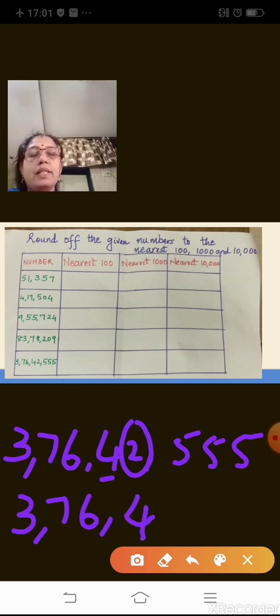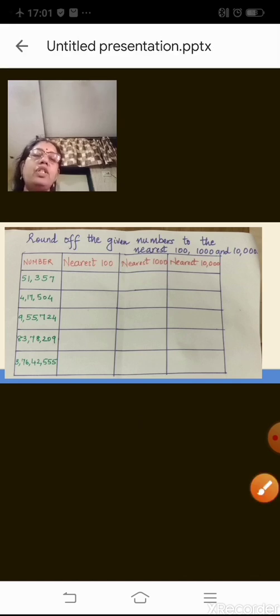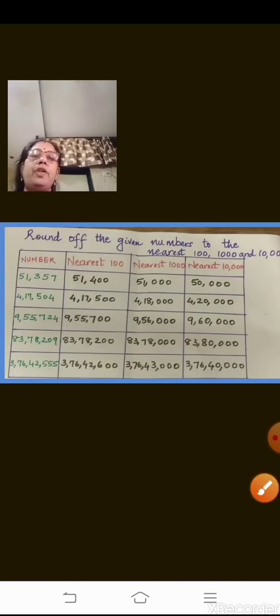Because the number in the thousands place is less than 5. So you'll put 0, and the rest, hundreds, tens and ones, also will become 0. So your number will be 3 crore 76 lakh 40,000. So just solve for the other sums and complete the table and check your answers from here.